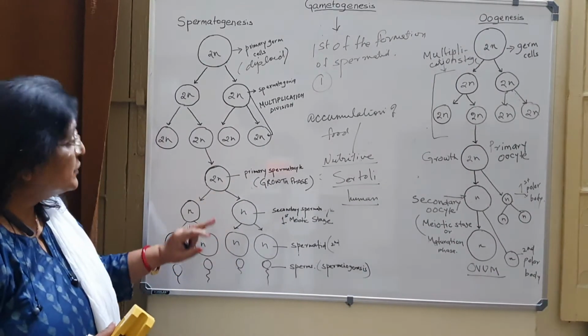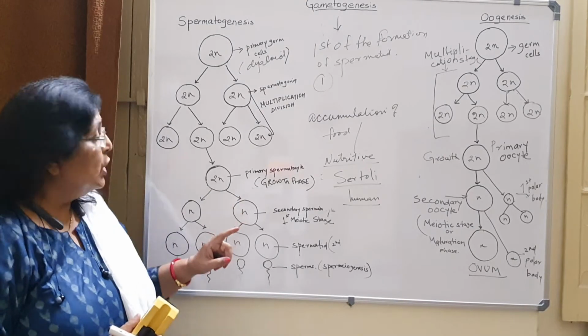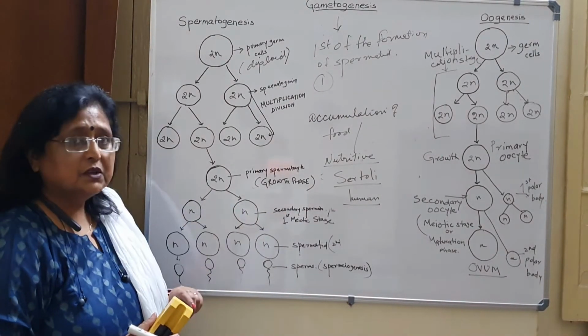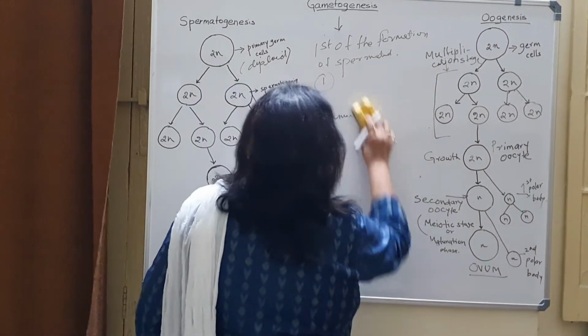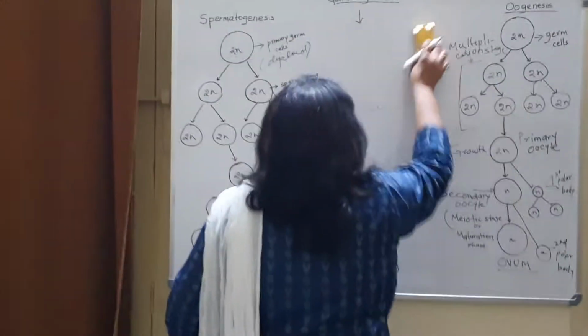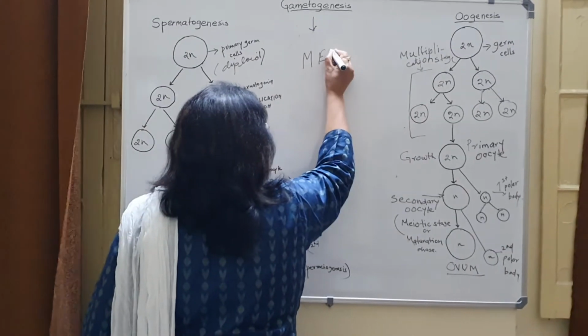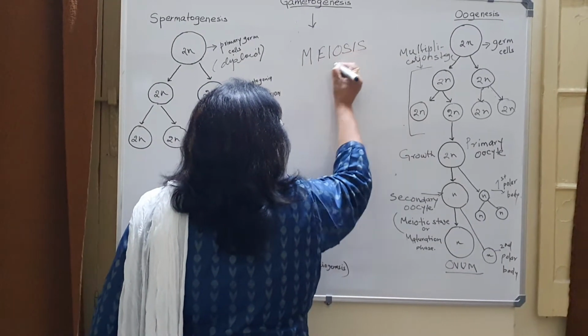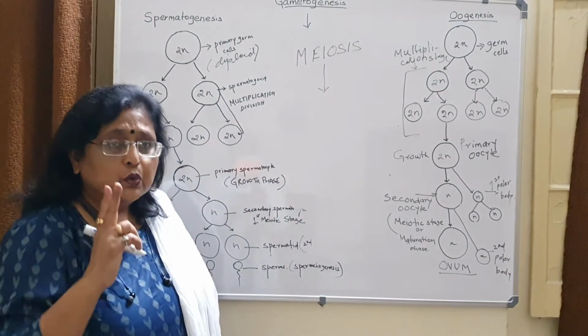Now the primary spermatocyte will enter the third and the last stage, which is the meiotic stage. Now in the meiotic stage, we all know what happens. I think we all are familiar with the term meiosis. Meiosis is a type of division where the cell undergoes 2 types of division.